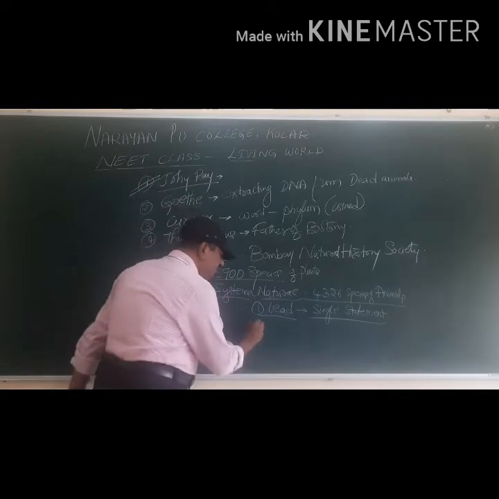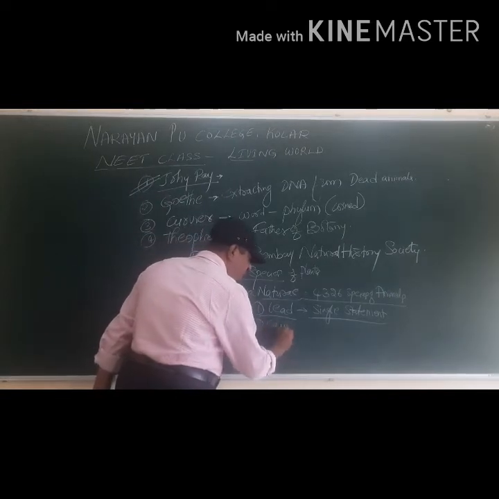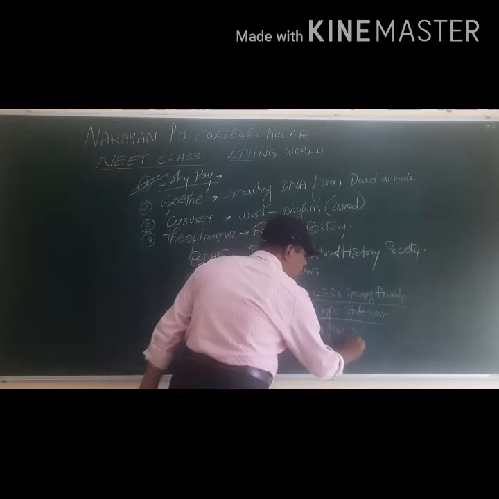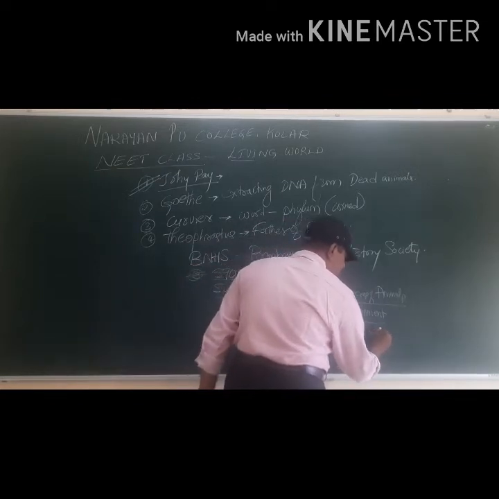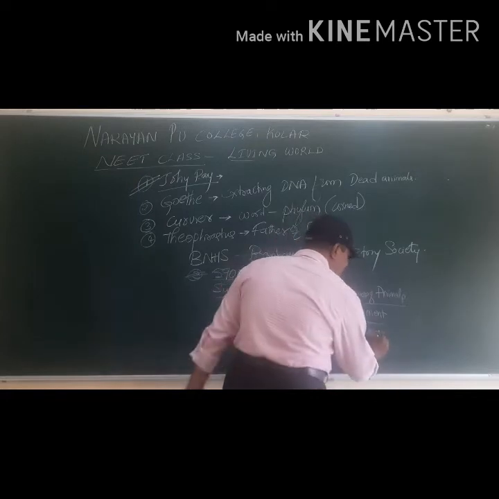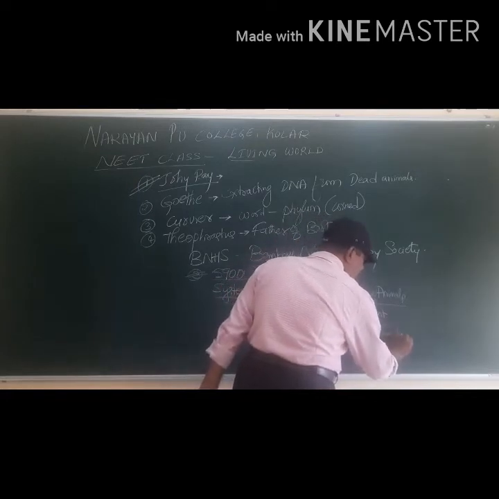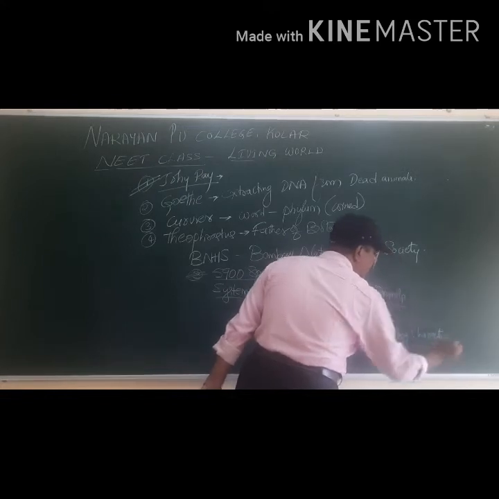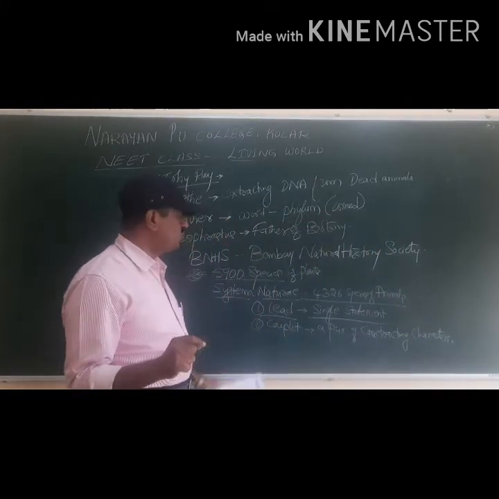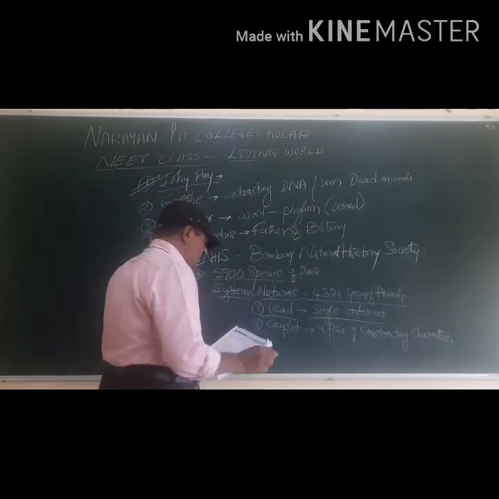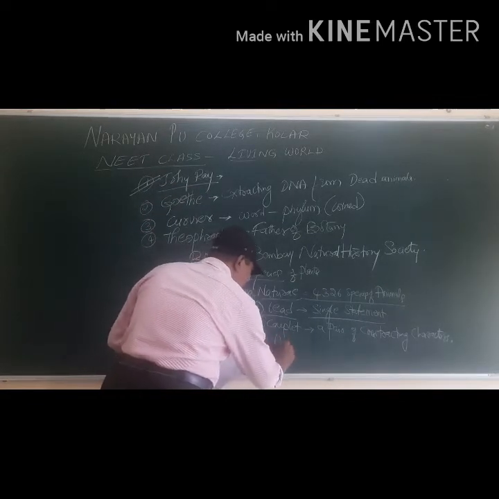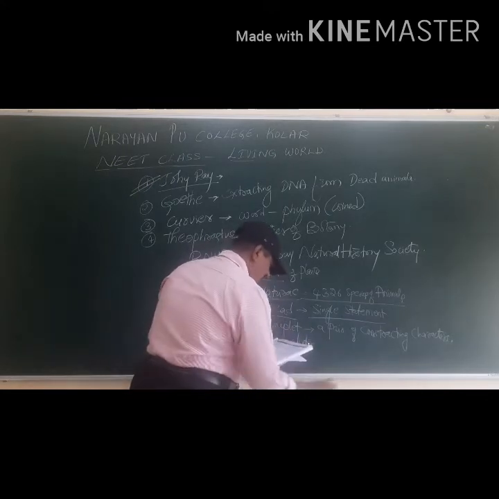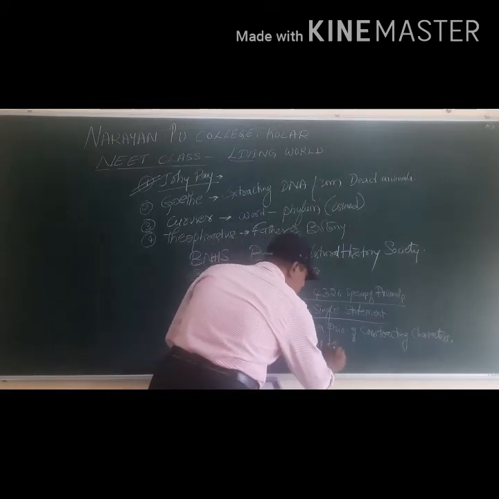The second one is called a couplet. A couplet is a pair of contrasting characters, or a pair of contrasting statements. The third one is the analytical key.